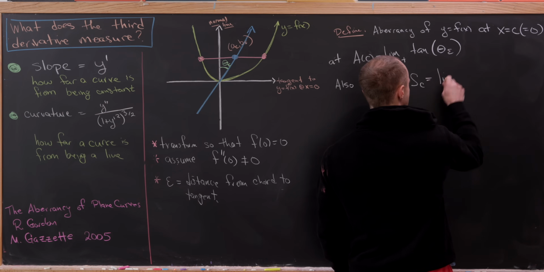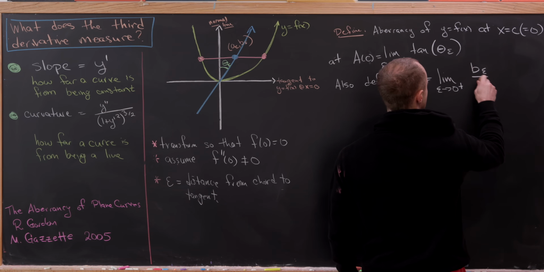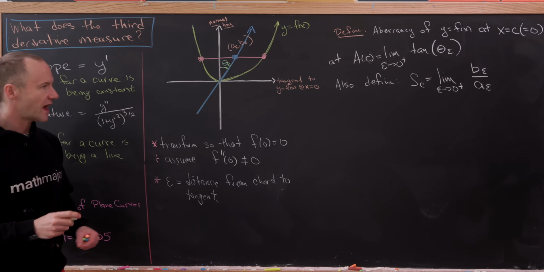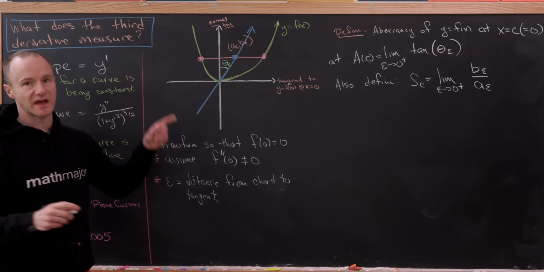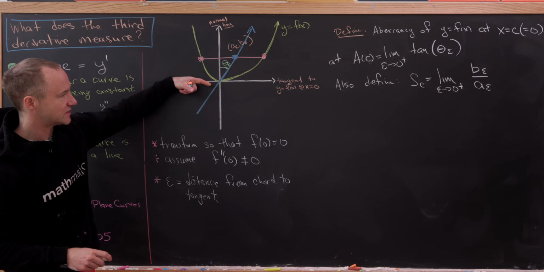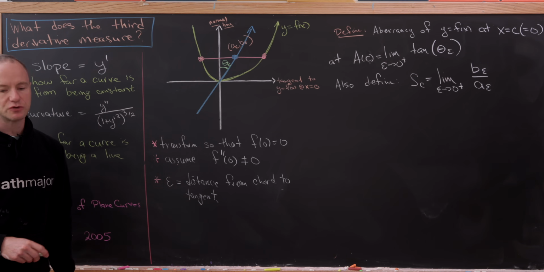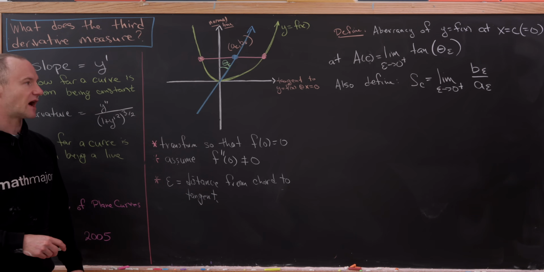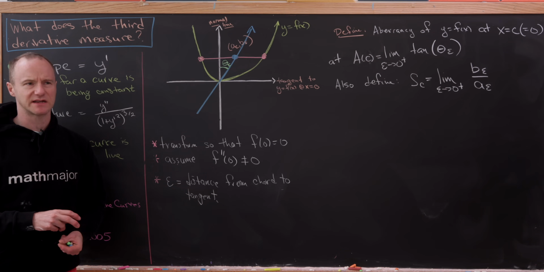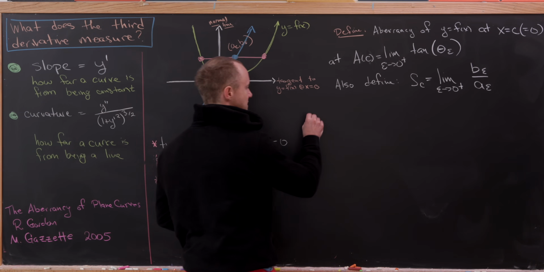That's going to be the limit as epsilon goes to 0 from above of B epsilon over A epsilon. Like I said, since this B over A is the tangent of theta by the definition of tangent, in the case that you've got a horizontal tangent and a vertical normal, those two limits are the same. But that's generally not the case. I'm not going to work through the details on this. This just involves some basic trigonometric identities, but I will put it as a note here.